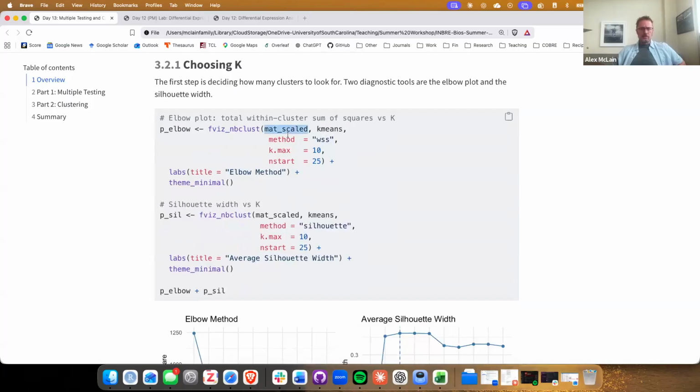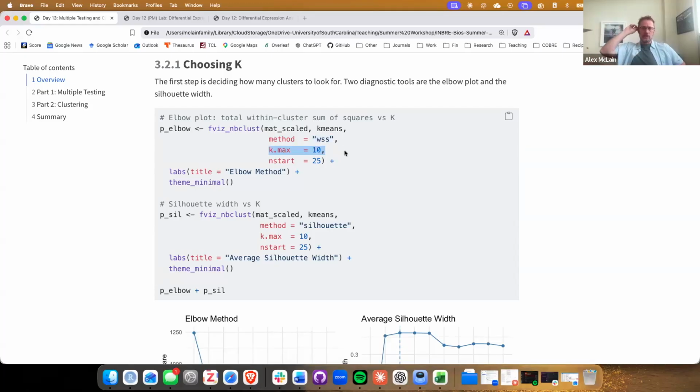So we give it that matrix. We tell it we want to do k-means. Here, how we are going to select k, we're going to look at the within cluster sum of squares. So this top figure is going to give us that elbow plot, the same one that we looked at in the slides. K max is going to be the maximum number of clusters that we're asking this function to consider.